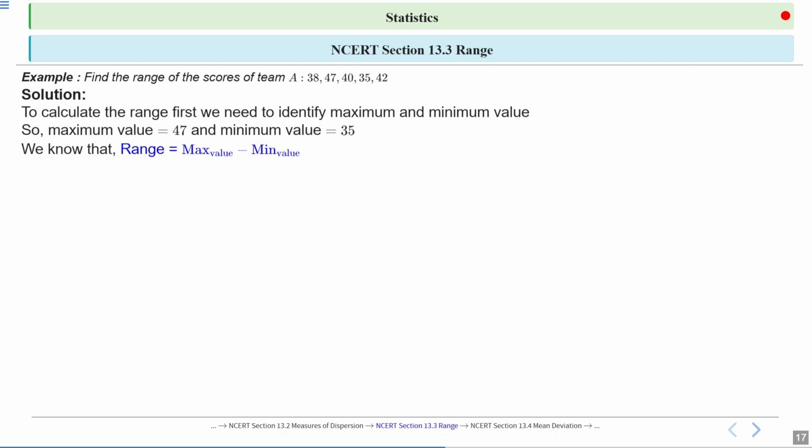We know that the formula for calculating the range is maximum value minus minimum value. So range equals 47 minus 35, and finally we find the range of the given scores is 12.